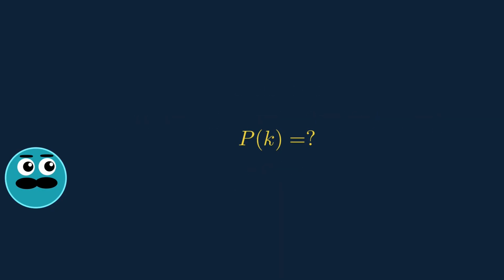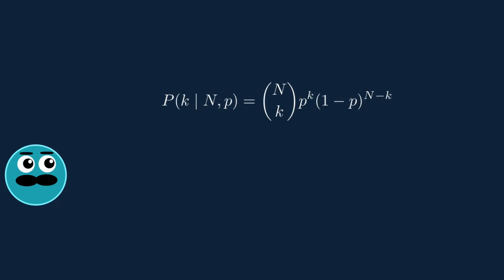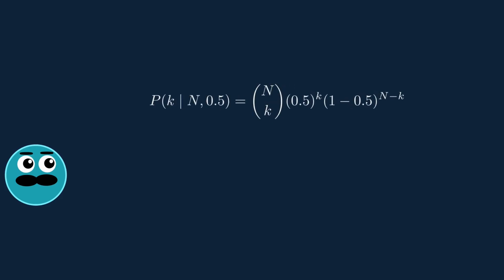And now, how likely is it to get k heads? To answer that, we can use the binomial distribution, which tells us what is the probability to get one of two possible results k times in n attempts, if the probability of getting that result in one attempt is p. In our case, the probability of going left or right is the same, so p is 0.5.